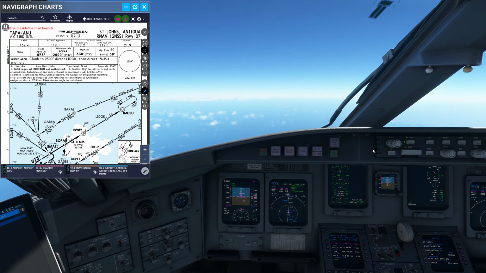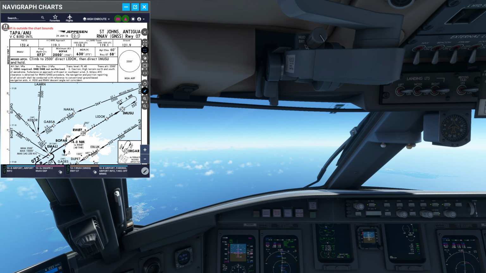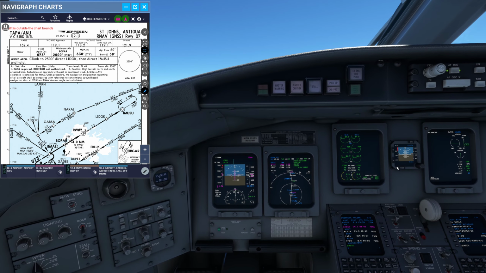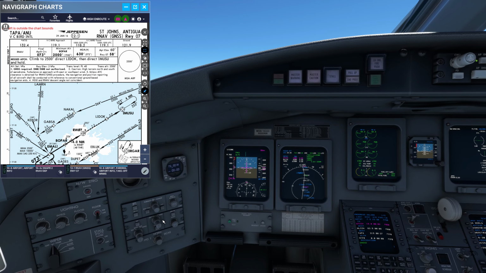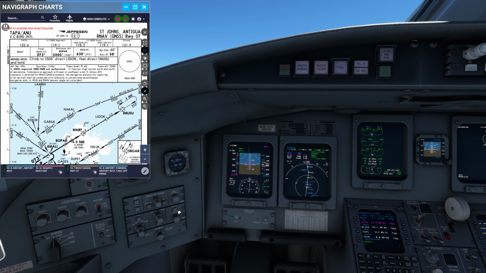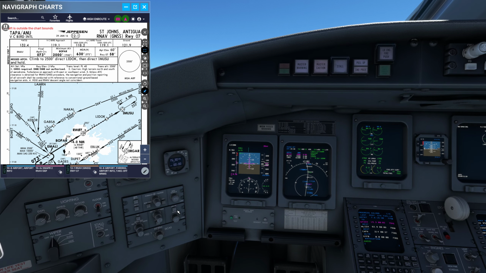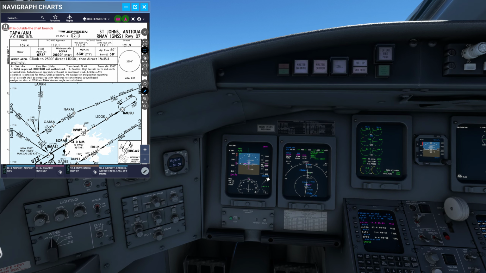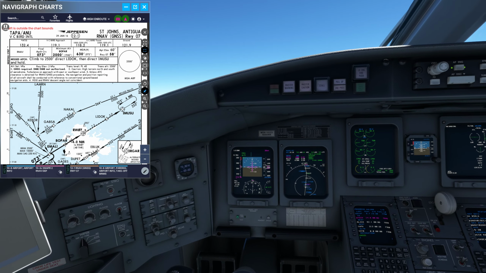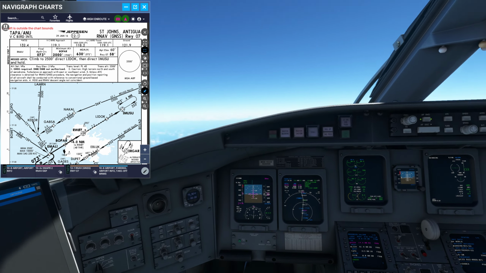That way I'll have it to remind myself as we get closer. I always look over here and get my altimeter from the backup instrument. All right, switch over to QNH here.